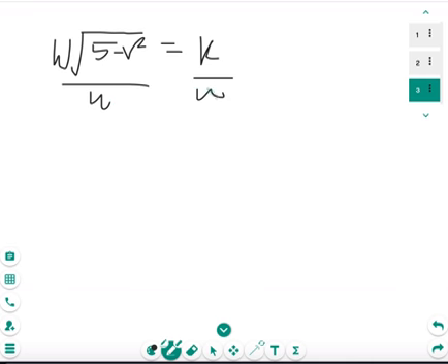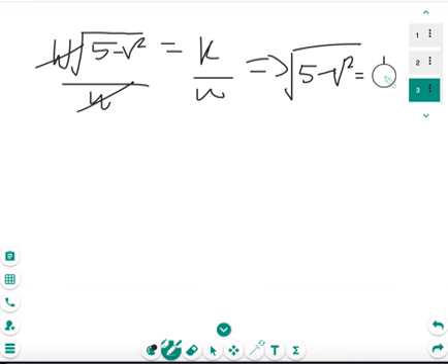So this implies root of 5 minus V squared is equal to K over W. Now you need to get rid of the square root sign.